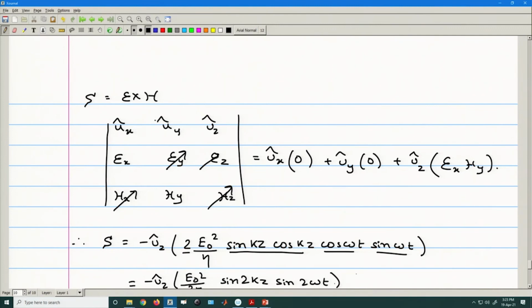Okay. So S is minus Uz E naught square by 2 eta sine of 2 kz sine of 2 omega t. We will denote this expression as equation number 7.